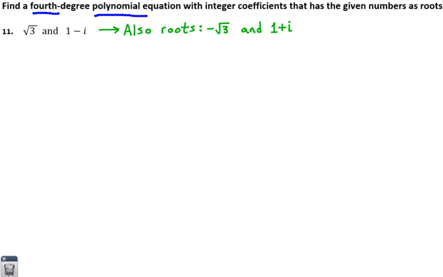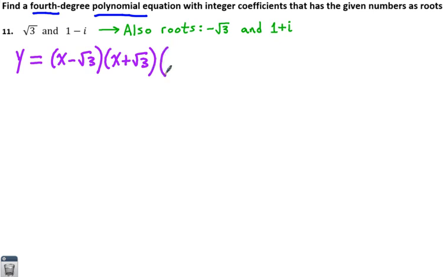So if root 3 is a 0, then x minus root 3 is a bubble. And then if negative root 3 is a 0, so on and so forth.